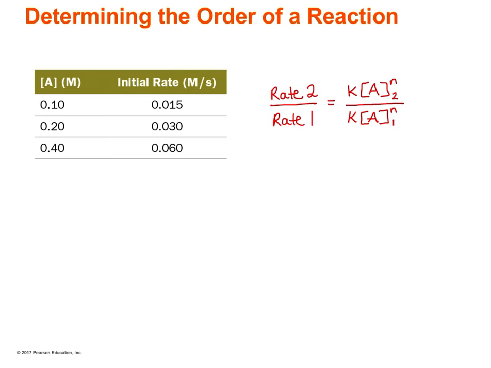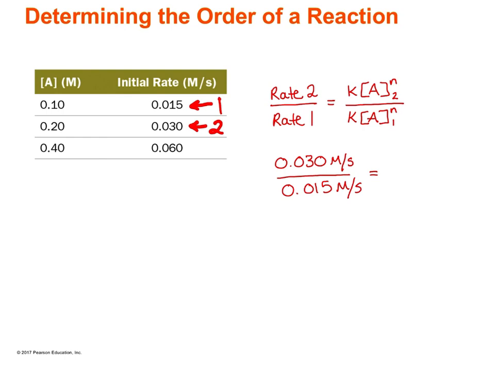So let's say this will be our second trial, and this will be our first one, so we're going to compare those two sets of data. For rate 2, we'll plug in 0.030 moles per liter per second, and we'll divide that by the first rate, which was 0.015 moles per liter per second.